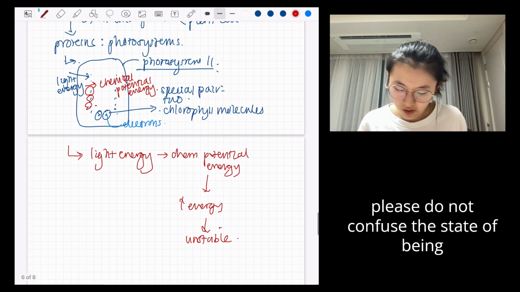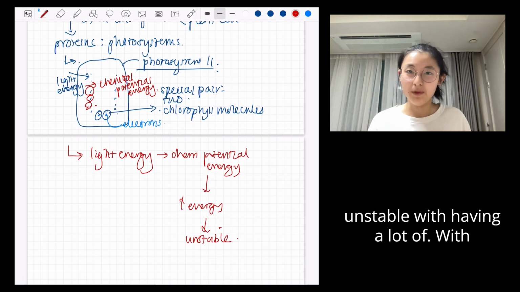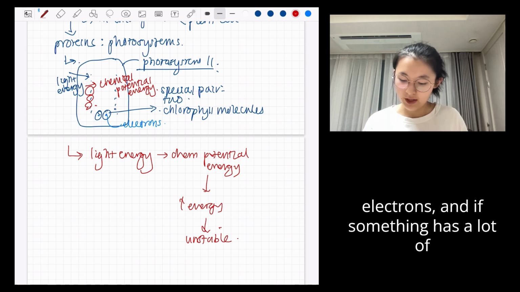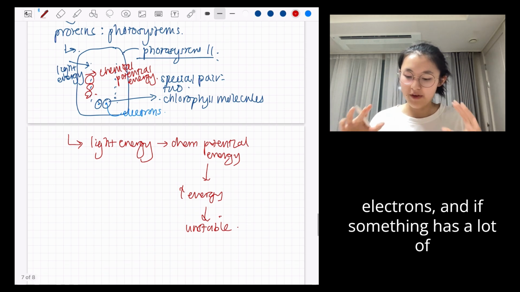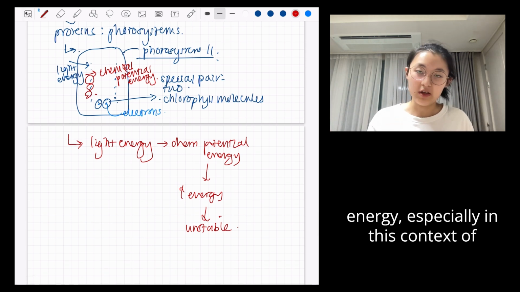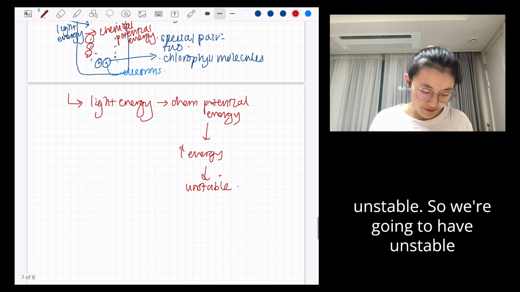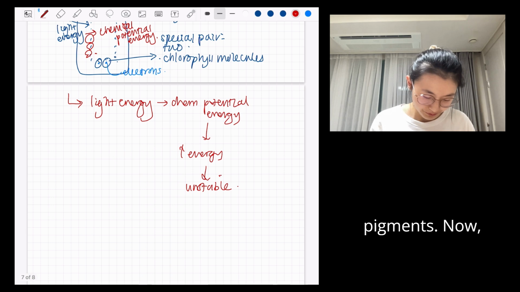Now, please do not confuse the state of being unstable with being excited. We normally use the terminology excited only for electrons, and if something has a lot of energy, especially in this context of pigments, we're going to call them unstable. So we're going to have unstable pigments.